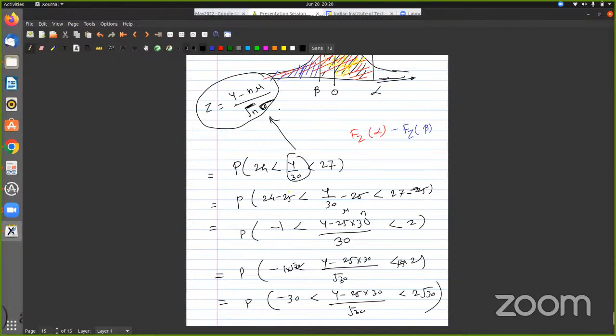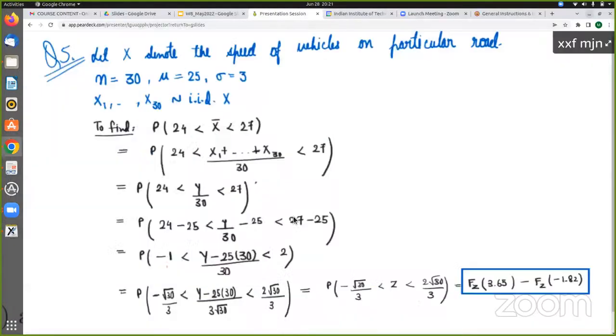I have to divide it by sigma. So I'll divide it on all sides. And what is sigma here? 3. So I'm dividing by 3. Then it will be minus root 30 by 3, and here it will become 2 into root 30 by 3. Okay, right? Yes, sir.